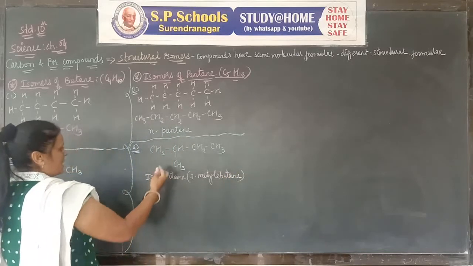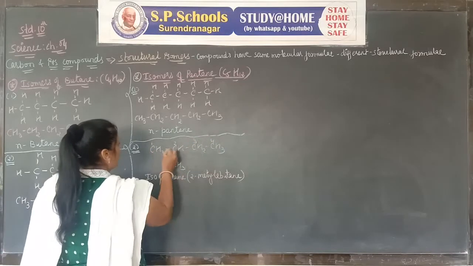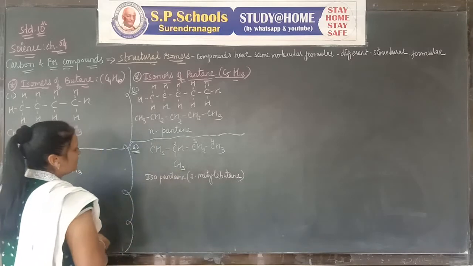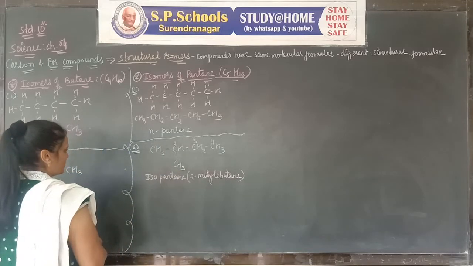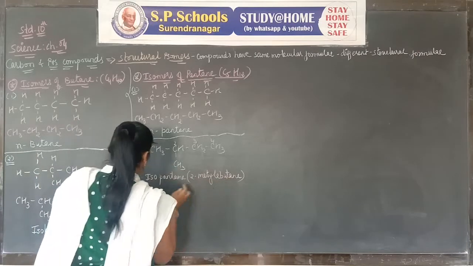Here see, in butane 1, 2, 3, 4, at the second carbon a methyl will be added, so it will also be called 2-methyl butane.